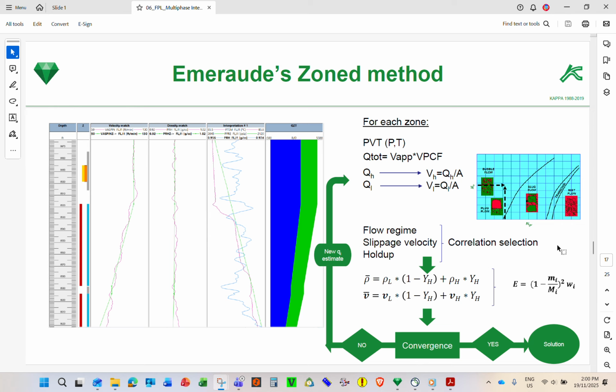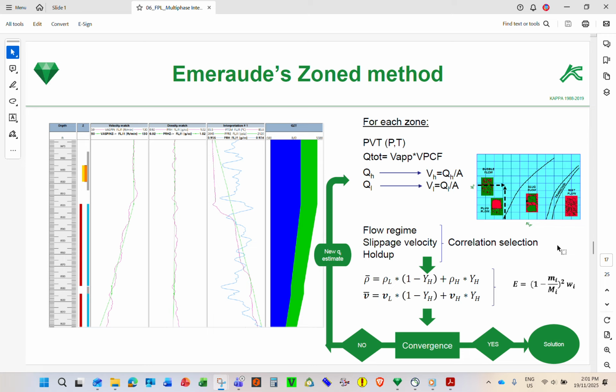So after bubble you might have a slug, or a bigger churn flow, etc. You might have some different things. So you have a different flow regime with a different percentage of holdup.